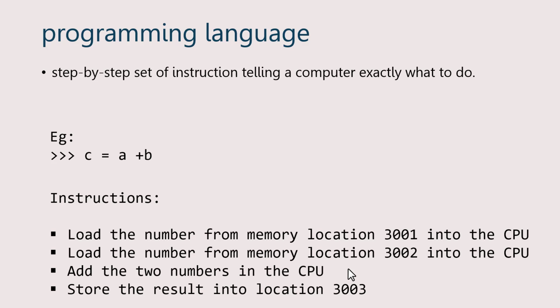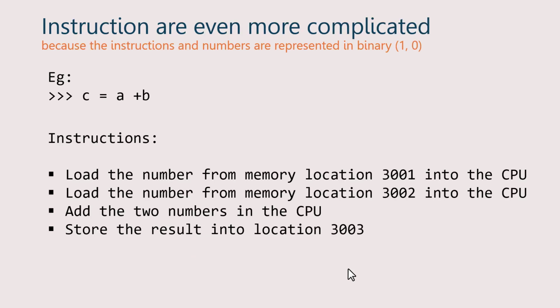If you look at the simple program, c is equal to a plus b, it looks complicated, right? Yes, it is complicated, but in general it is way more complicated than what we are actually seeing. The instructions are even more complicated, because the instructions the computer receives are not in text; it will receive the instructions in ones and zeros.